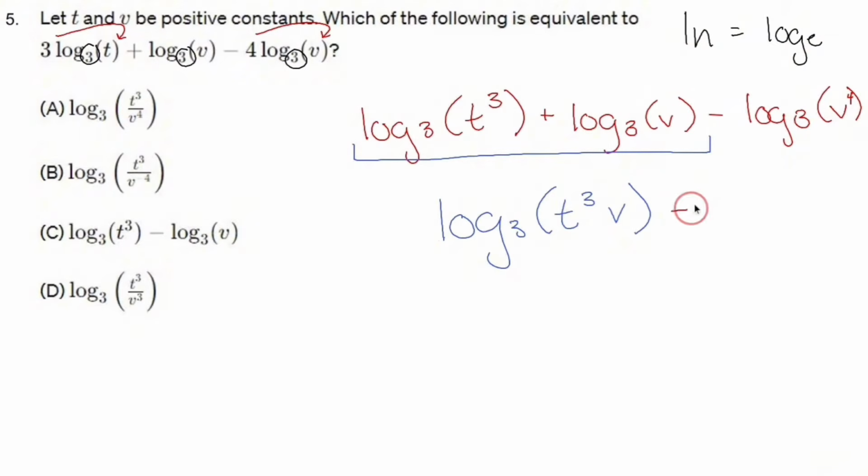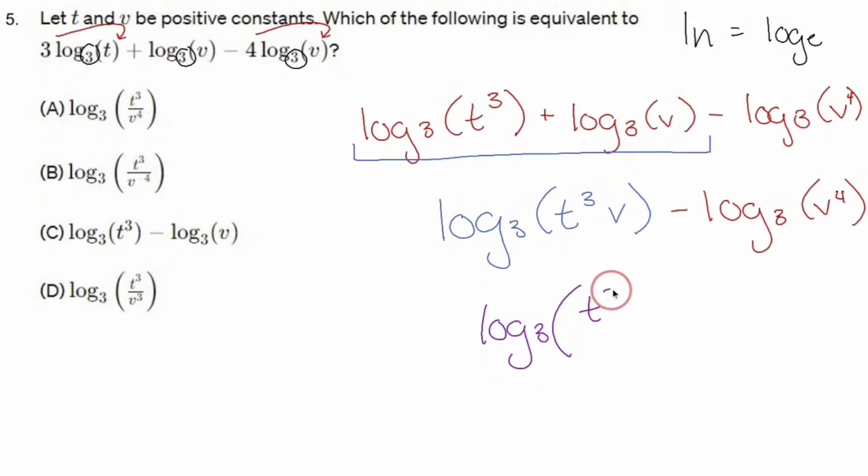And then the minus log base 3 of v to the fourth comes along for the ride. When we subtract logs of the same base, we divide the first guy by the second guy. So you become log base 3 of t cubed v over v to the fourth.